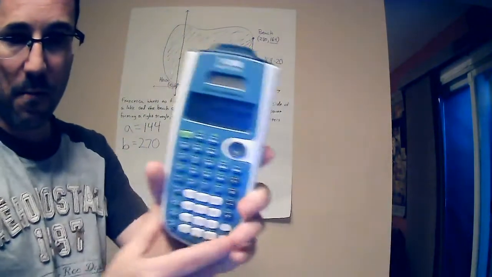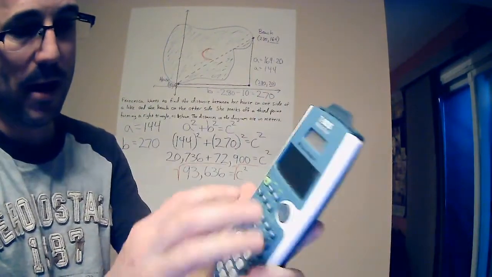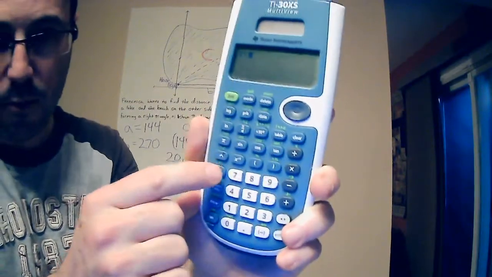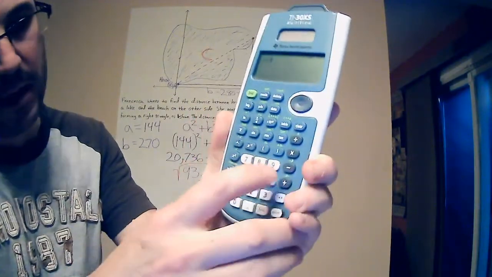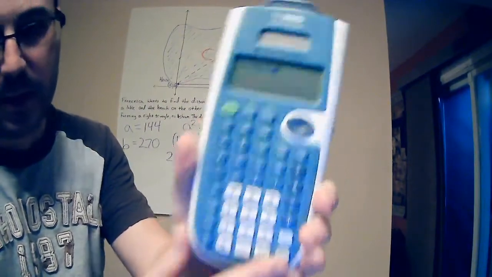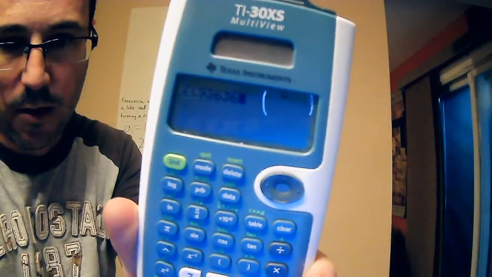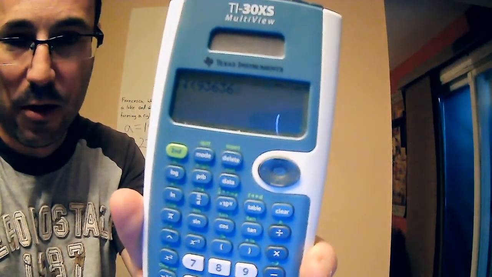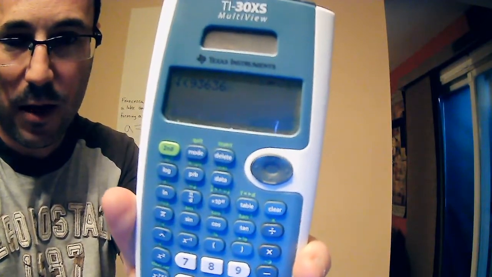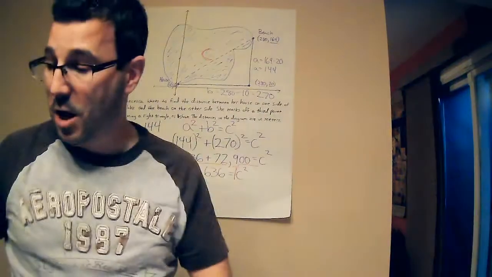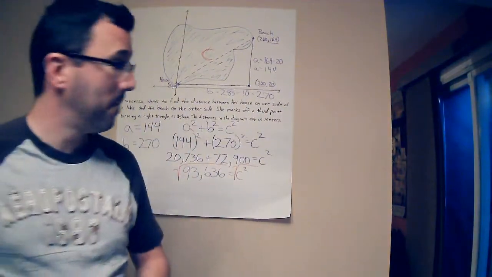So I go here. Okay, I'll clear that. Second square root. I've got 93,636. I don't actually have to close the parentheses. So I hit enter. And look at that. It's a nice number. 306.